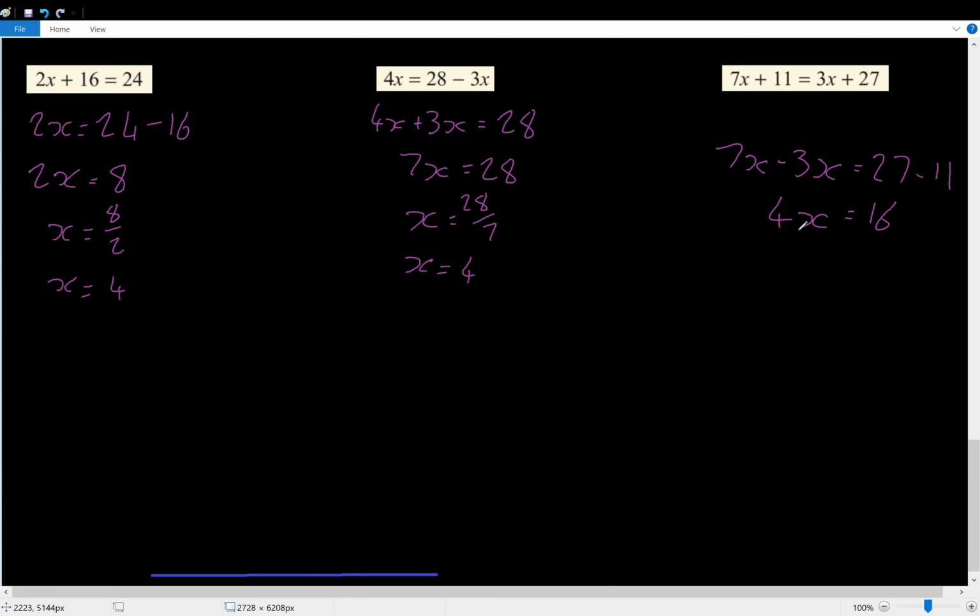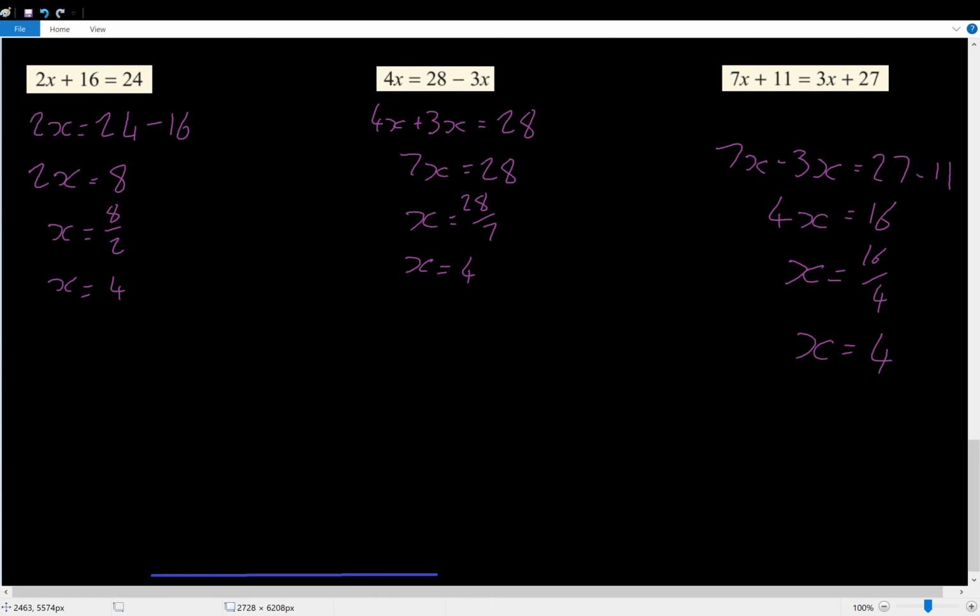So we have 4x is equal to 16. So 4x is equal to x multiplied by 4. We're going to move our multiply by 4 across to the other side, and we're going to get x is equal to 16 divided by 4, which means x is equal to 4.